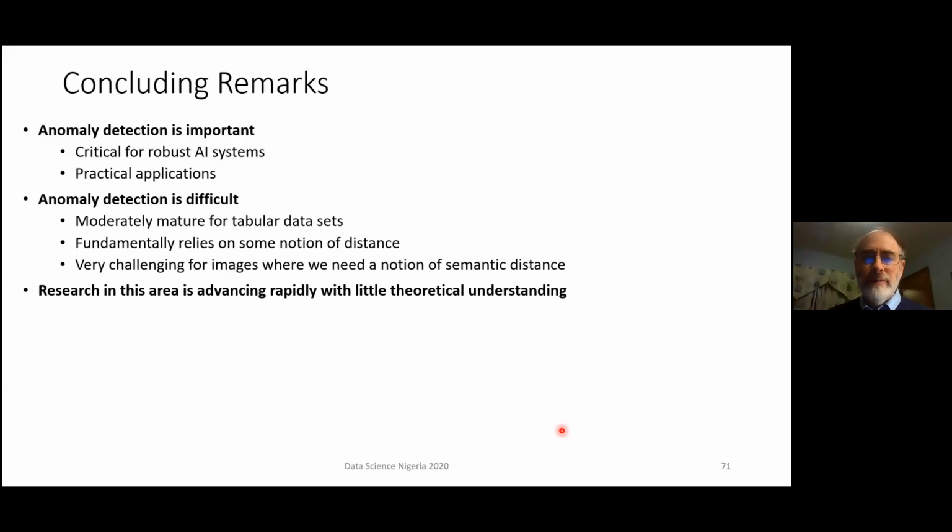Fundamentally, the methods rely on some notion of distance, but anomaly detection is very challenging for images, where we need some notion of semantic distance. It's not clear that our deep learning methods right now are learning good hidden representations that have a good distance in them. So research is rapidly advancing. There's plenty of room for PhD and master's dissertations, because we need better methods and better theoretical understanding.